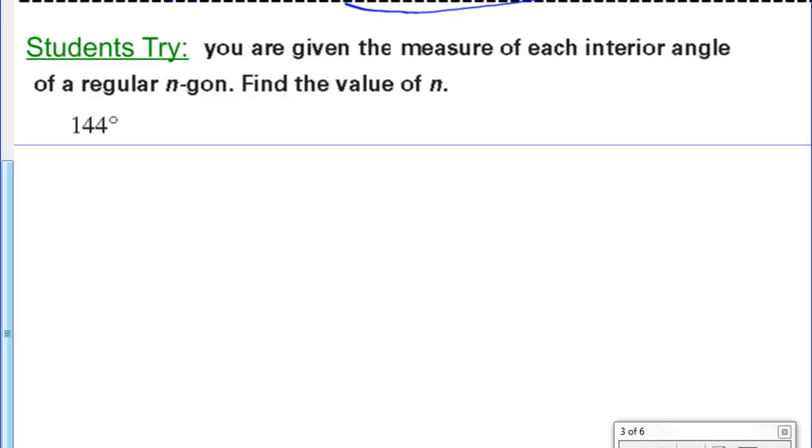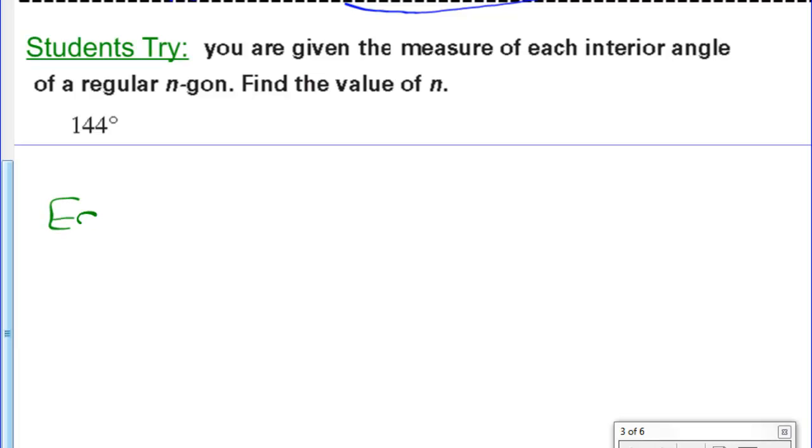Okay, this next example, you are given the measure of each interior angle of a regular n-gon. Find the value of n. So this is asking us to find the number of sides. This is exactly like the previous problem.